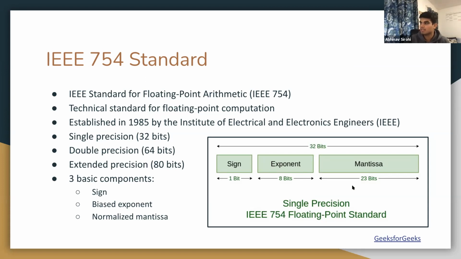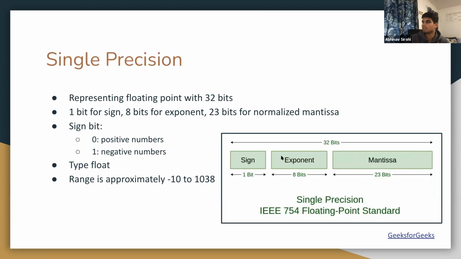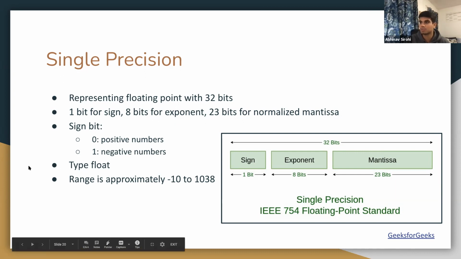And so if we go forward, okay, so let's talk about single precision. So we just talked about this, the 1 bit for sign, 8 for the exponent, and 23 for the mantissa. And 0 is positive, 1 is negative. And this is a type float, like whenever you have a type float in a language, that's a single precision number represented using this way.